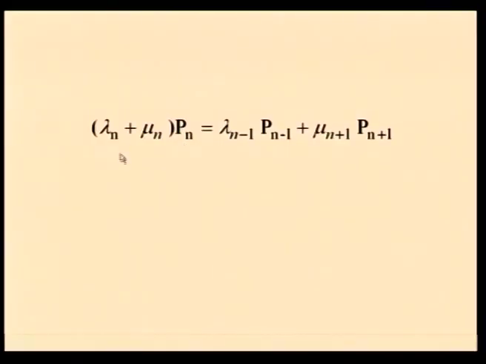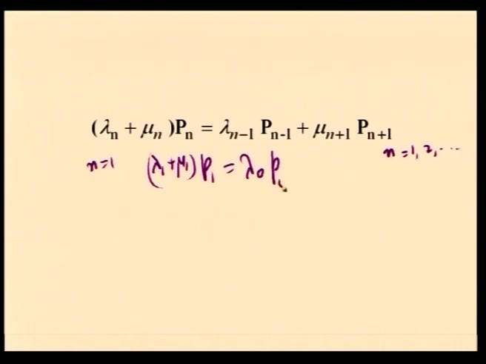So, we start with this. Because these balance equations are valid for n equal to 1 and so on, consider n equal to 1. Then we have (lambda 1 plus mu 1) into p 1 equal to lambda naught p naught plus mu 2 into p 2.